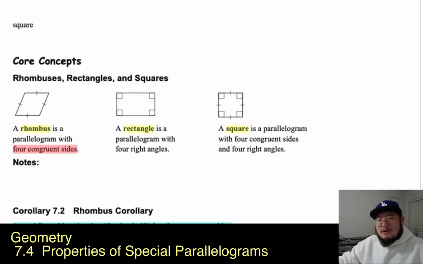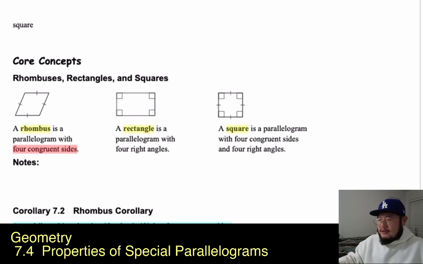So we're looking at our core concepts right here. Let's start off with the rhombus. It says a rhombus is a parallelogram with four congruent sides. But once again, a rhombus has all the characteristics of a parallelogram. Next up, what makes a rectangle special?